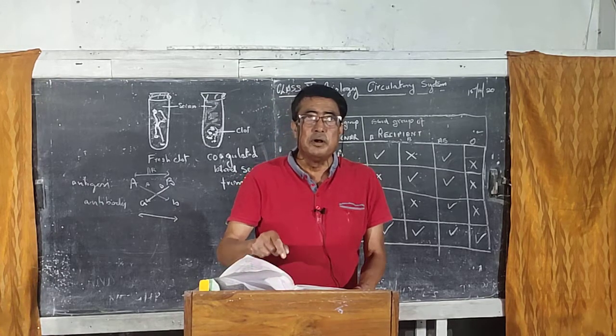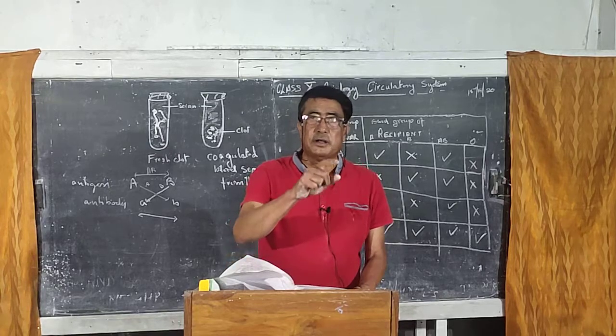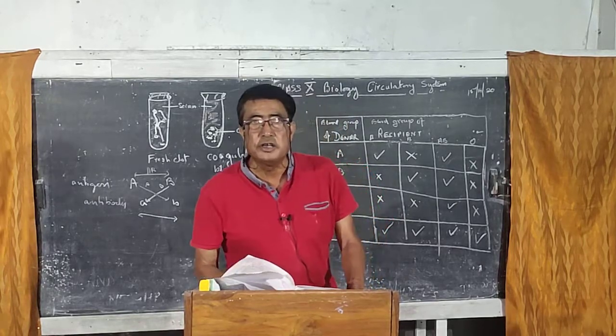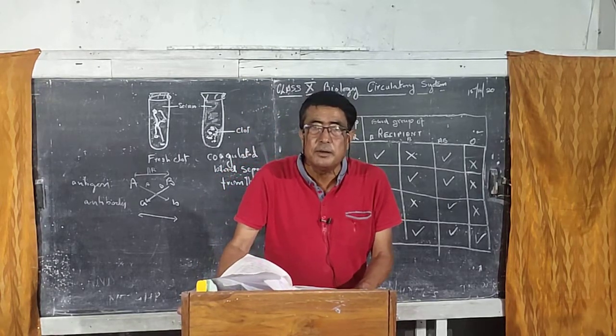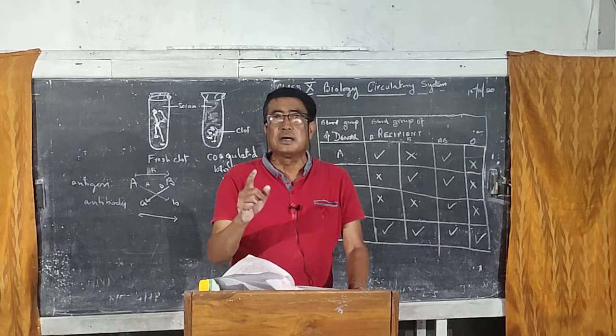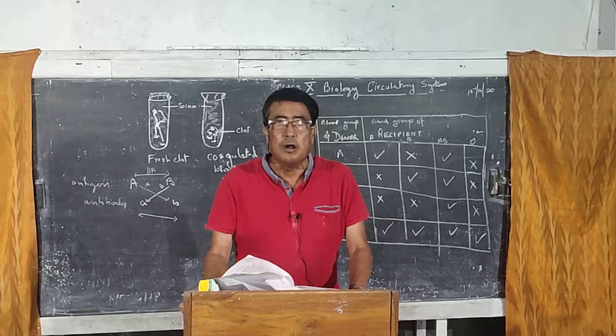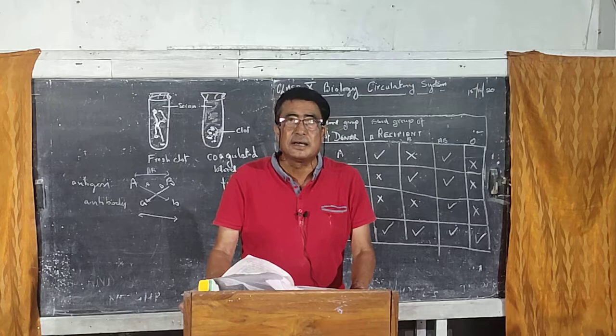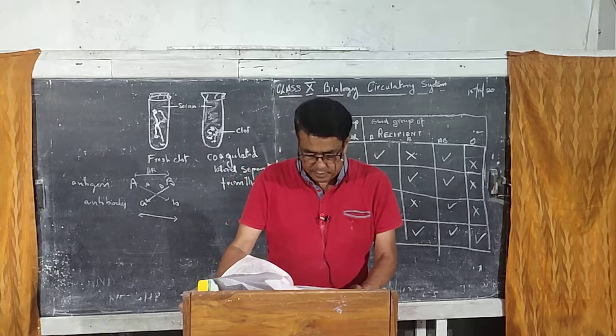Blood flows through the pulmonary artery from the ventricle to the lungs. Blood gets oxygenated, and this oxygenated blood is brought back to the left auricle. So it forms a circuit.